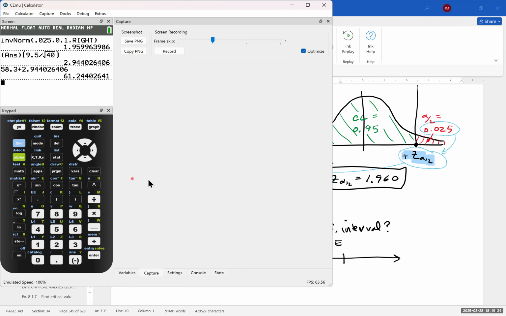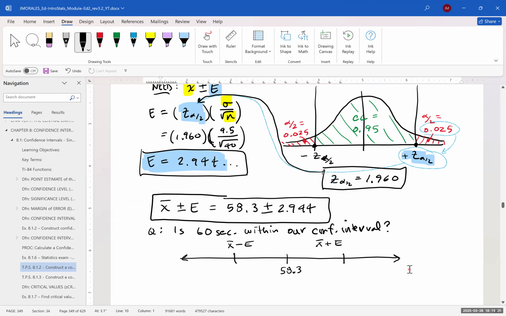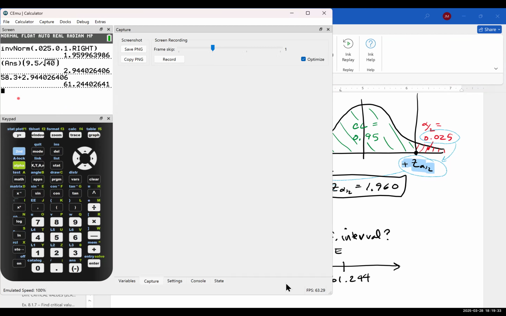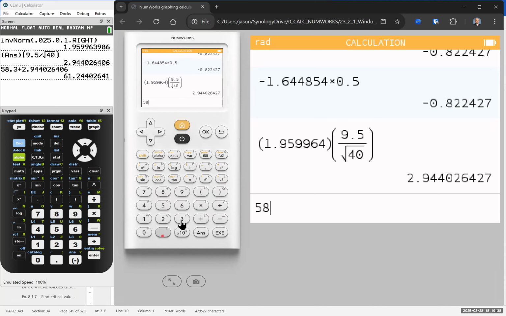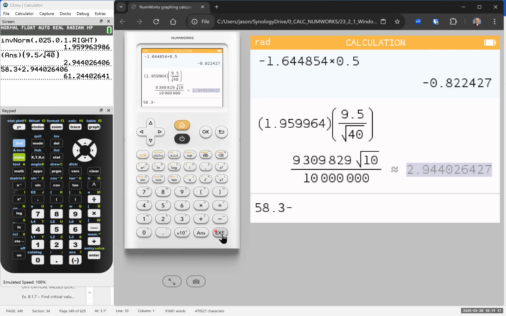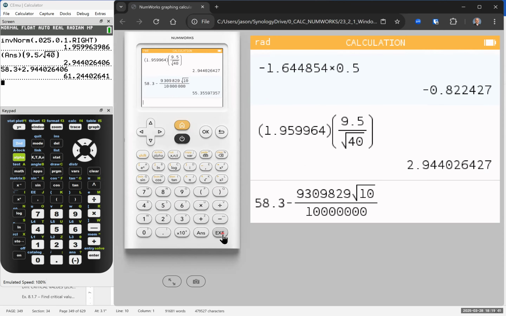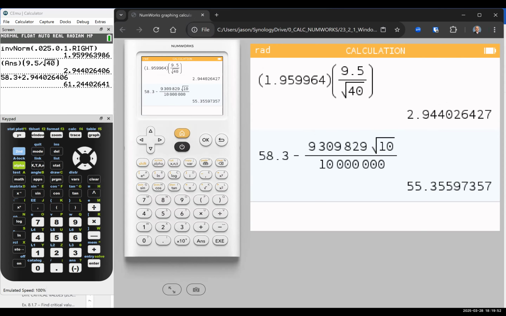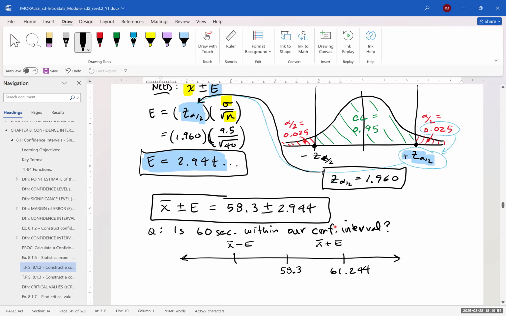And we get 61.244. And if we did the same thing with subtracting, if I took 58.3 and subtracted the error, I get 55.356.